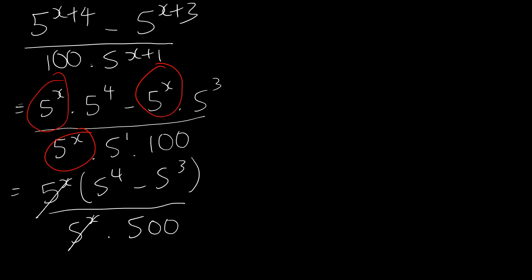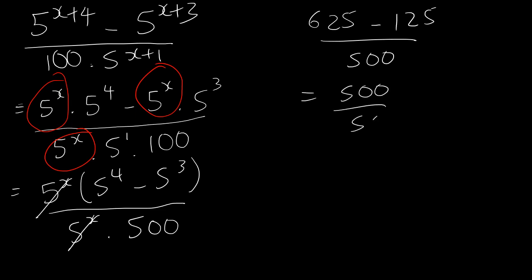Cancelling these, we have 5^4 will be 625 minus 5^3 is 125 over 500. 625 minus 125 is 500 over 500, and my answer would be 1.